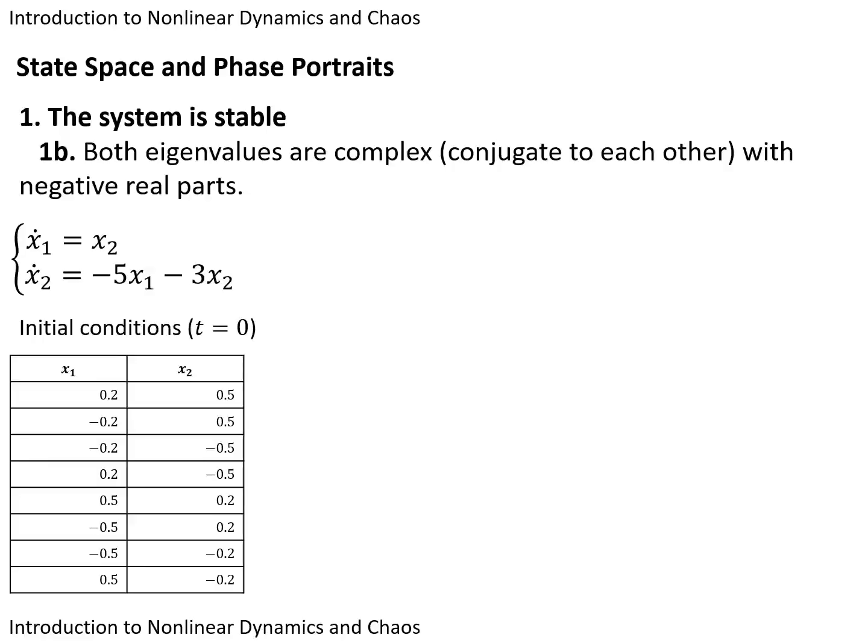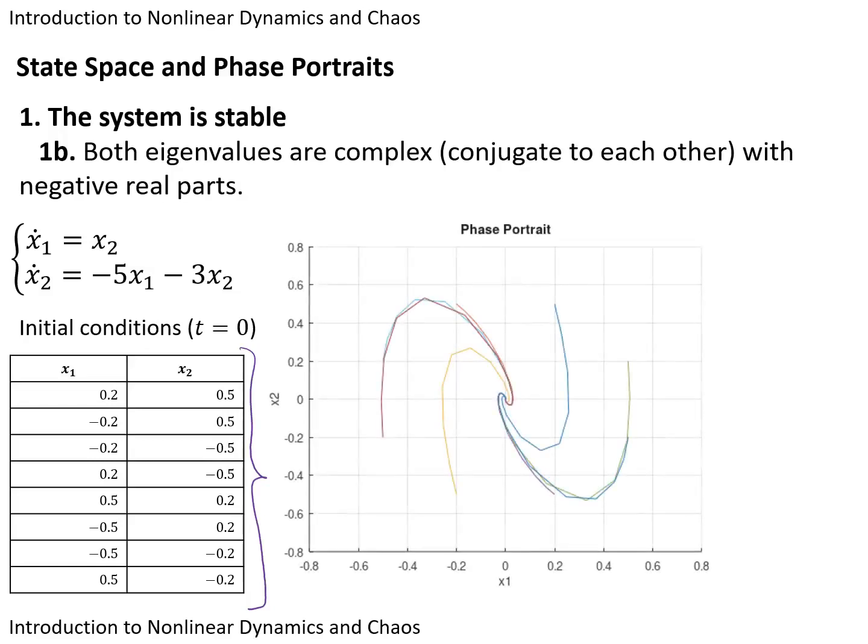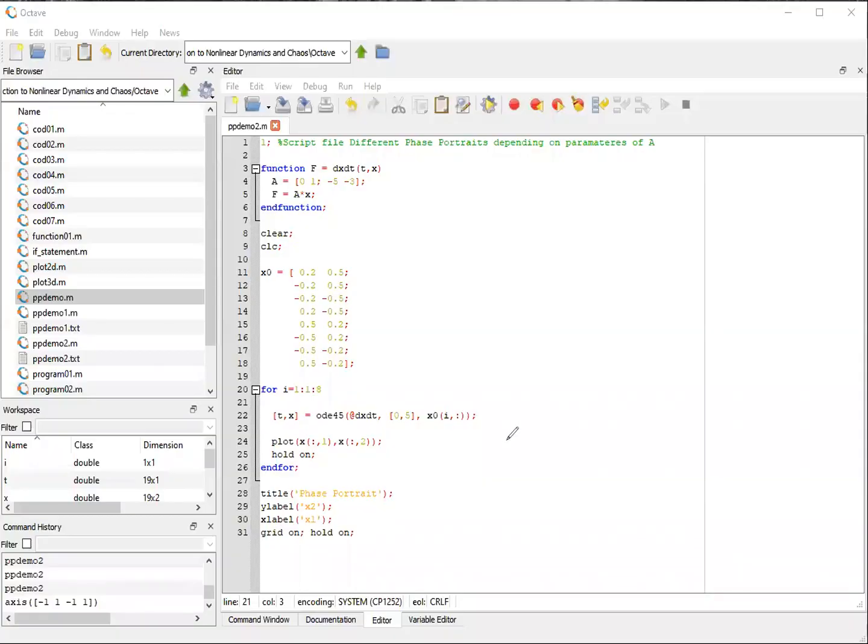Now let's simulate our system with several initial conditions. And again, if we do everything correctly, then we should get the following graph. This is our new file to simulate the dynamical system using several initial conditions.